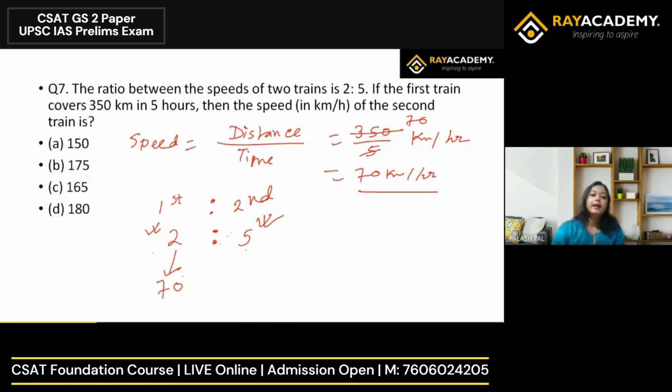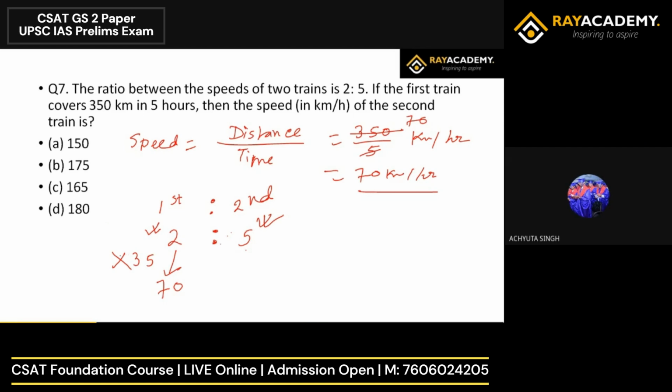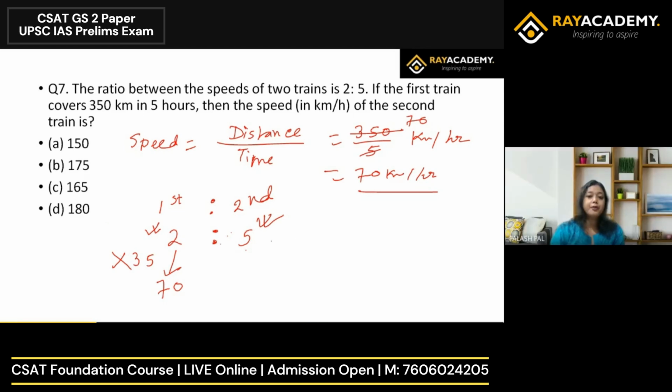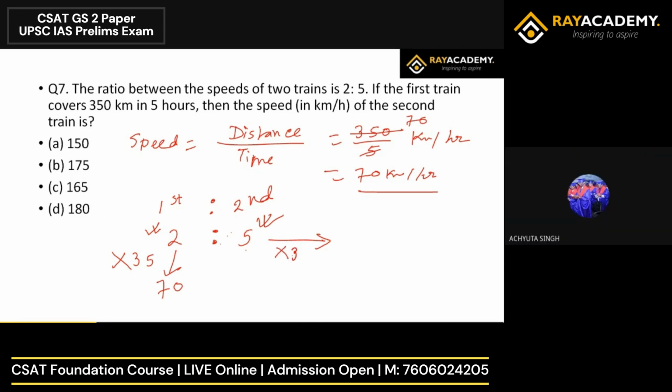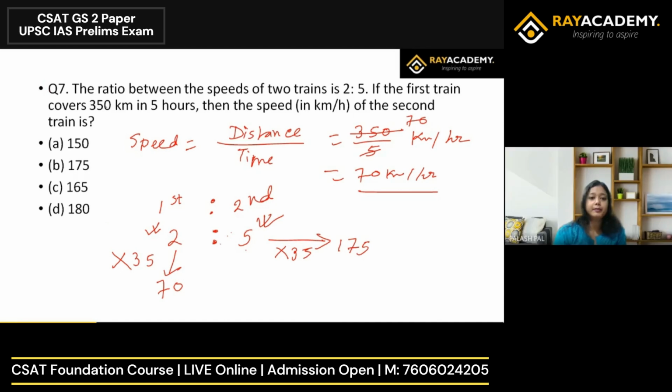Again, same process. For reaching 70, 2 is multiplied how many times? 35. That's also a very vital number. If we multiply 5 with 35, you will get 175. Option B.